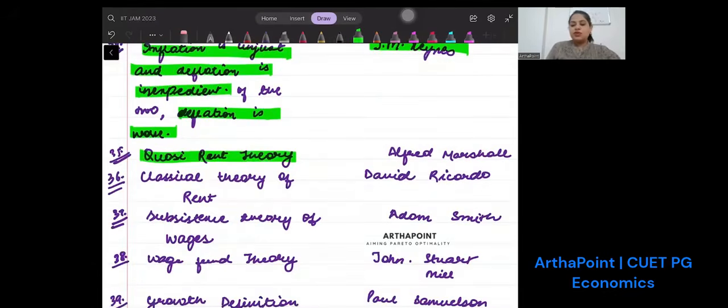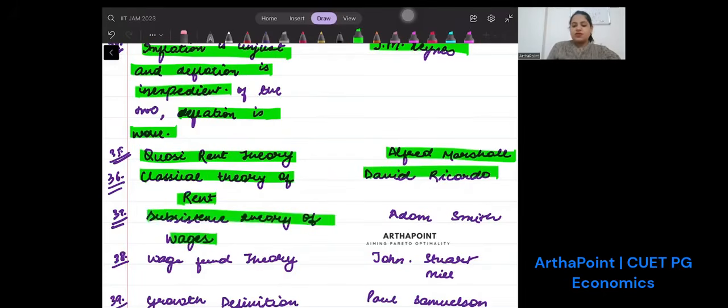Quasi-rent theory was given by Marshall. Classical theory of rent was given by Ricardo. Subsistence theory of wage was given by Adam Smith. Wage fund theory was given by John Stuart Mill.